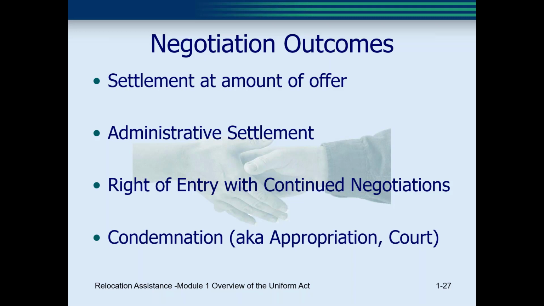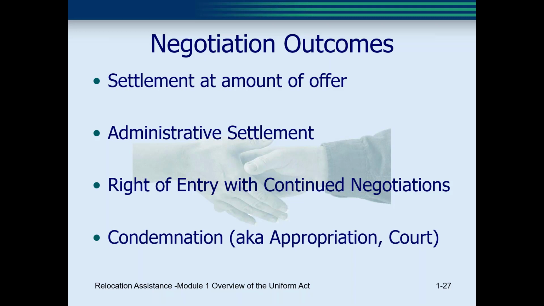In addition to more money, other terms or conditions might be modified, like an extended possession date or retention of an improvement through the owner retention or salvage process. And third, the owner may agree to sign a right of entry, allowing the agency to commence construction while continuing to negotiate for the purchase.